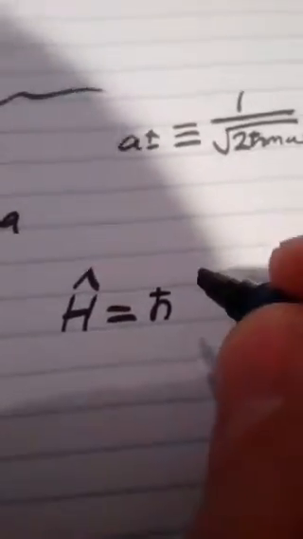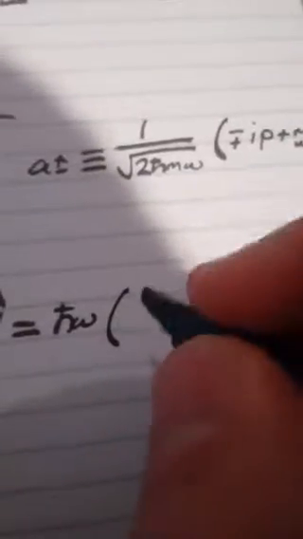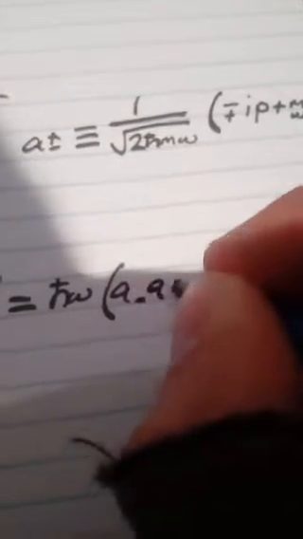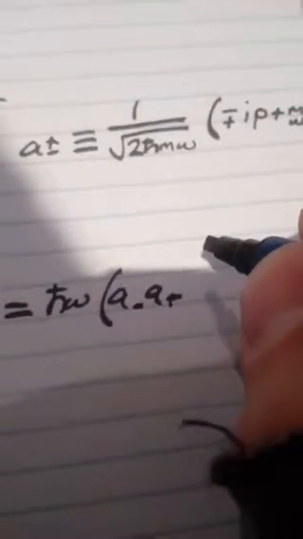Okay, so now I'm going to rewrite this equation to show you that the Hamiltonian, which is the total energy of that thing at any given location, is h bar, which is the pixel size, omega, which is the rotation speed, outside of A minus A plus minus a half.